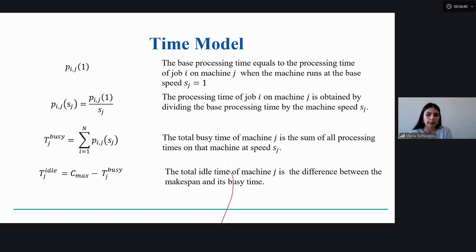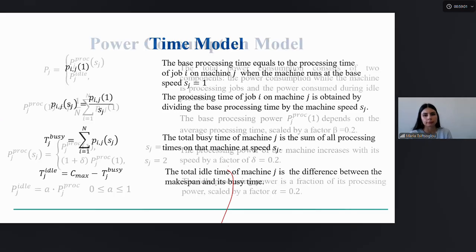The processing time depends on the machine's speed and adjusts accordingly to the second formulation. The total busy time of the machine is defined as the sum of all processing times on that machine at a certain speed, while the total idle time is the difference between the makespan and its busy time.